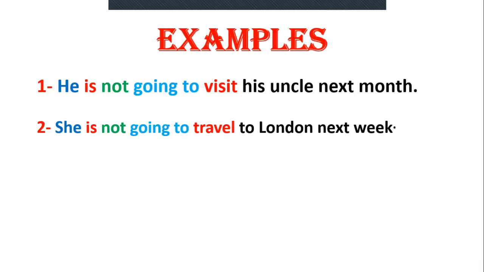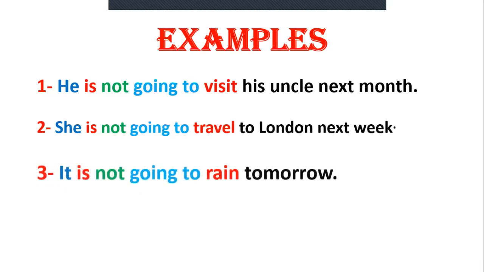Look at example number 3: It is not going to rain tomorrow. Here we use not after verb to be to make a negative sentence.